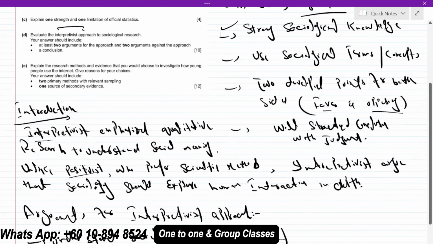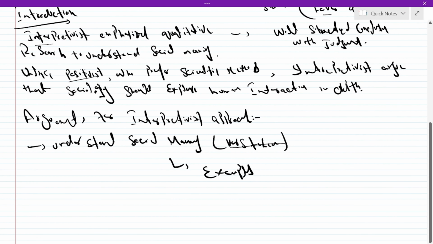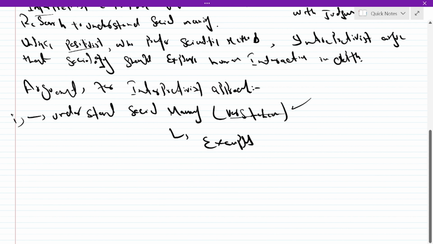And then you must provide two developed points. The third one was developed points for both sides. So for that side, we provided this Verstehen, a well-known developed point. This is our argument number one.